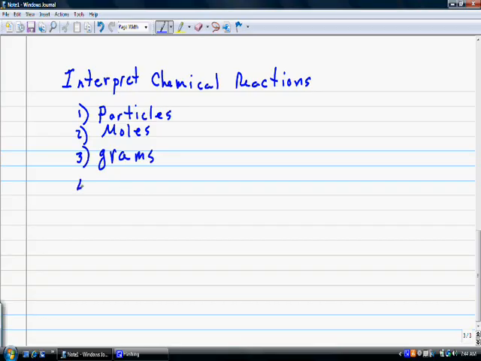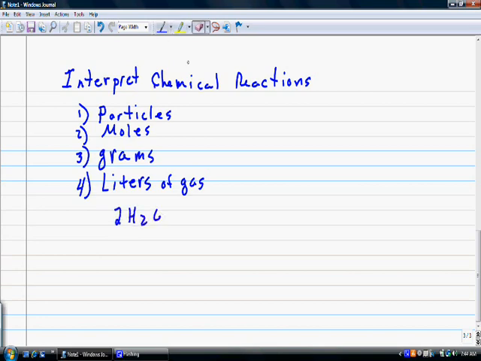And then we're going to take it one step further, and if we have gaseous substances, we can interpret it in terms of liters of gas produced or used. And so I can use my formula.